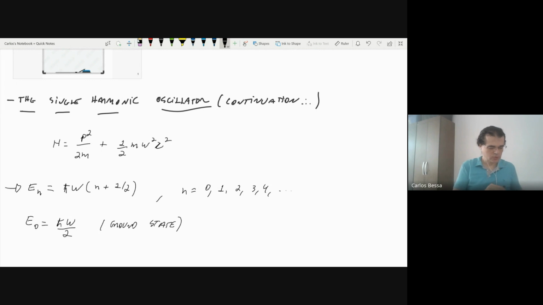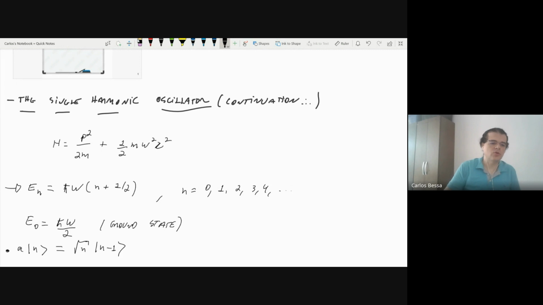And what else? Another important thing, we found the annihilation and creation operators also. So we found that this operator a, when applied to the state n, is just square root of n times the state n minus 1.